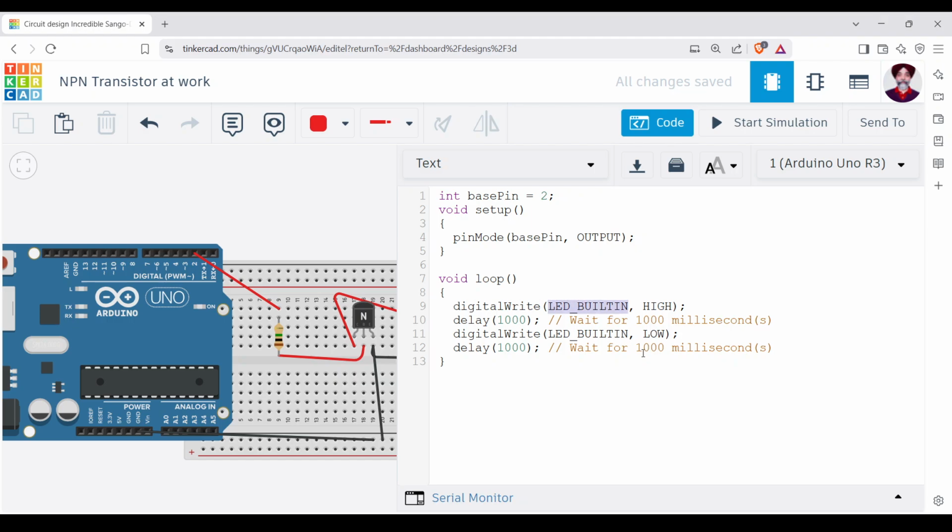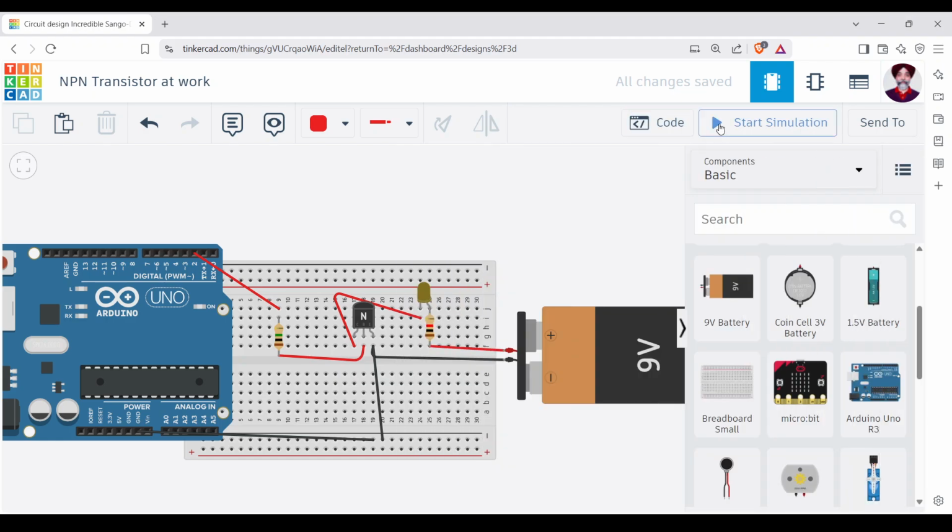So I'll say base pin high and base pin low. So after a delay of 1000 milliseconds, the base pin which was high, that means the electricity which was being passed to the base pin, which is pin number 2, which goes to the base of the transistor, that was going as high.